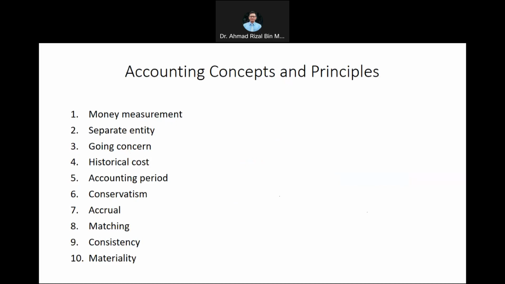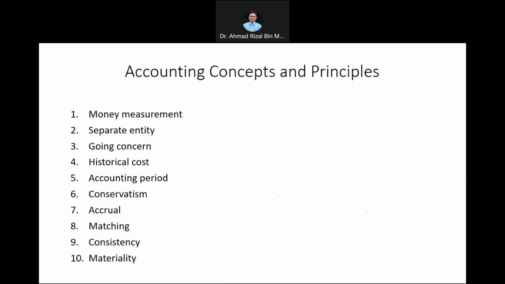Meaning it is preferable for the company to understate its net income or net assets rather than overstating them, particularly if you face certain uncertainties, if the nature of the business or the nature of those items can be uncertain. So the idea of prudence holds here, which leads, of course, to companies being conservative.